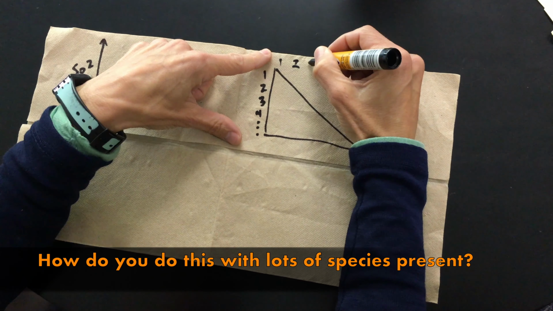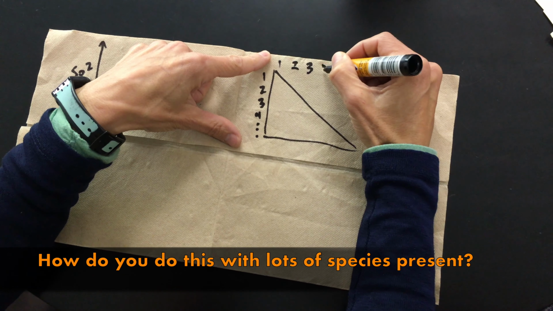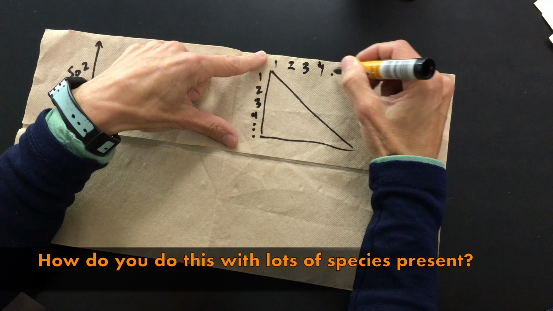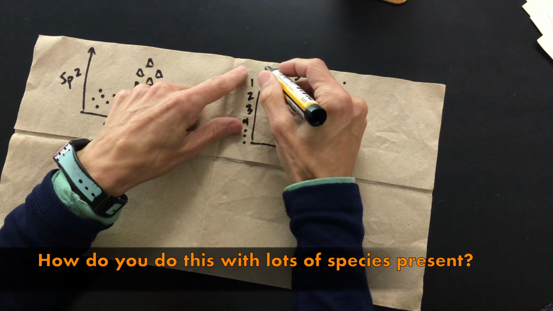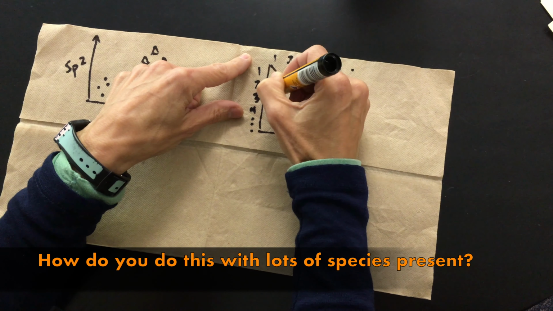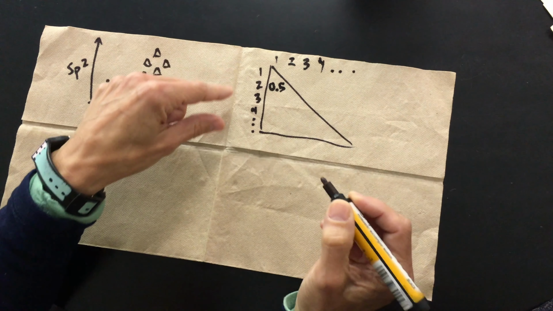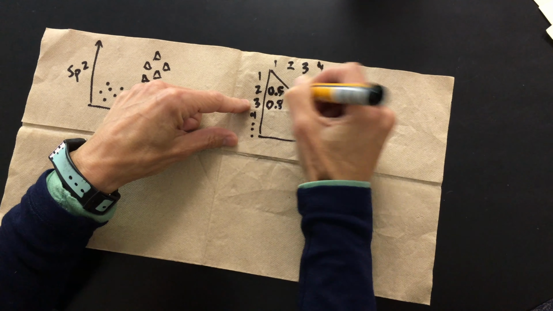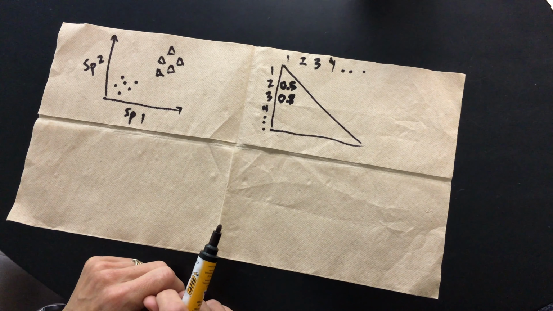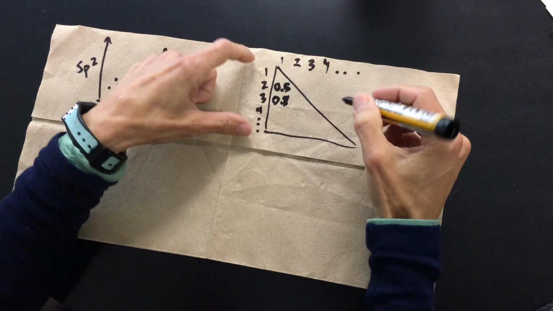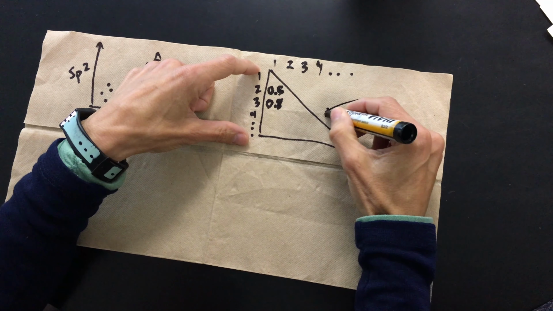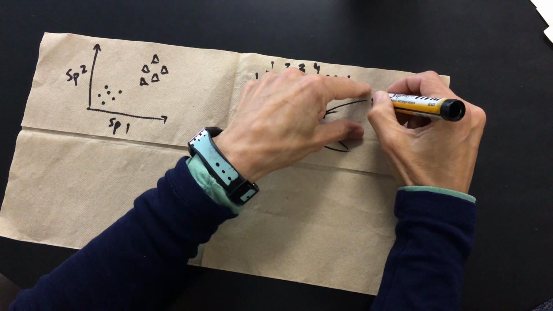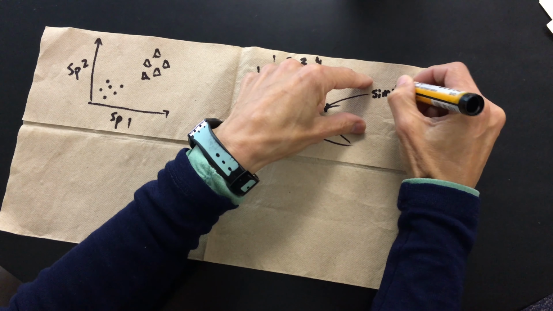So between site 1, site 2, site 3, site 4, say, 1 and 2 might share, say, 50% of their species. 1 and 3 might share 80% of their species, and so on. Well, once you have that information, this sort of thing is called a similarity matrix.